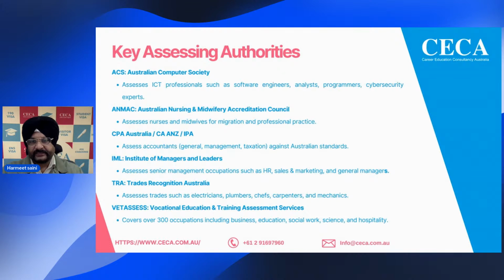Another important assessing authority is NMAC, which is the Australian Nursing and Midwifery Accreditation Council. It assesses Australian nurses and midwives for migration and professional practice, or even international nurses as well. It depends upon the type of assessment they are going for.